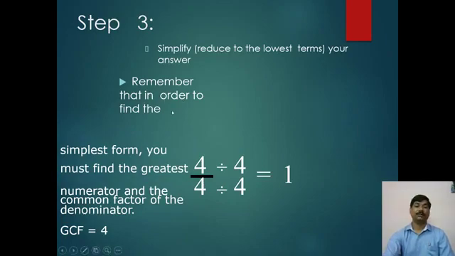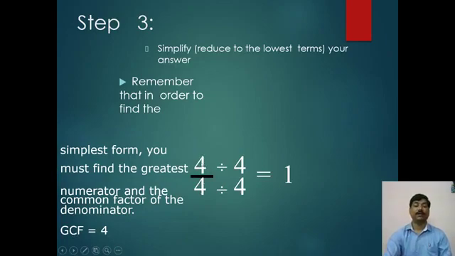Remember that in order to find the simplest form, you must find the greatest common factor of the numerator and the denominator. It means to simplify 4 upon 4, you have to find the HCF or GCF, the highest common factor of both numerator and denominator.